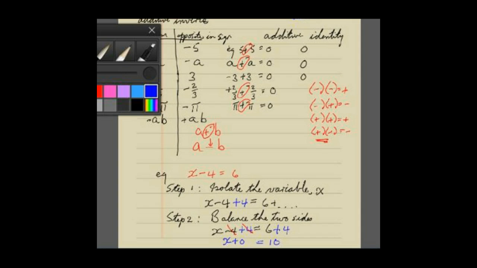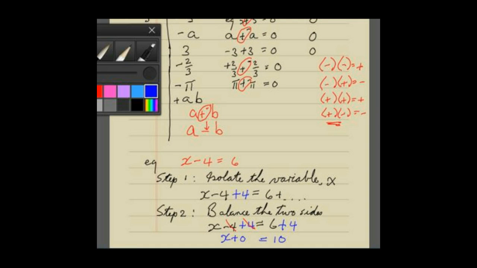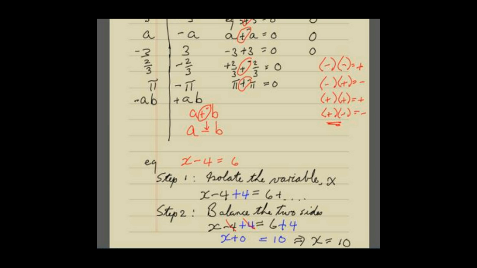Now, we got x plus 0 is equal to 10. When we add 0 to anything, what do we get? The same thing. So that means we are going to get x is equal to 10. And we have solved our first equation. We have done a simple equation solution by using the additive inverse and additive identity method.